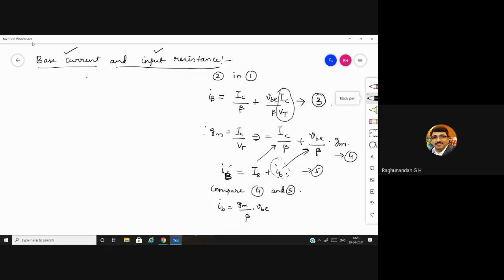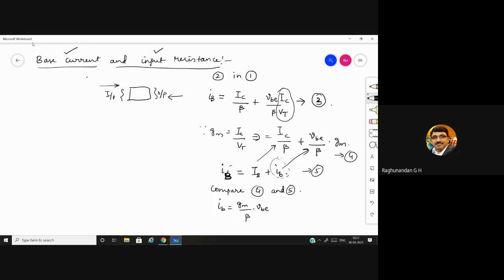But when you talk about output resistance, we say looking back, because this is input and this is output. To find the output, we have to look in this direction. To find input resistance, we have to look in this direction. That's why we use this word, looking into the base and emitter resistance. In the same way, if they are asking for output resistance, we say looking back between the collector and emitter terminal.